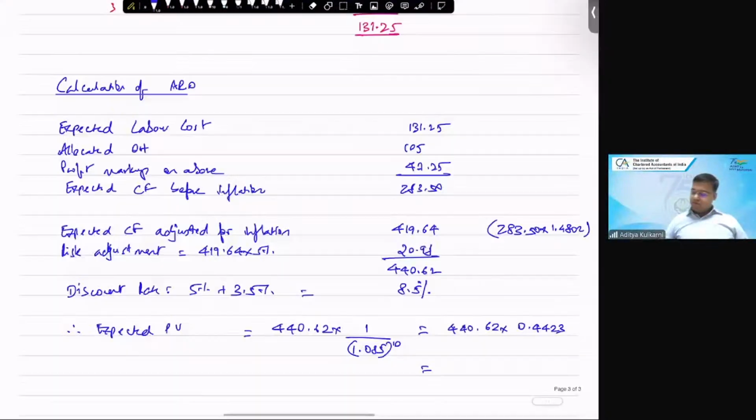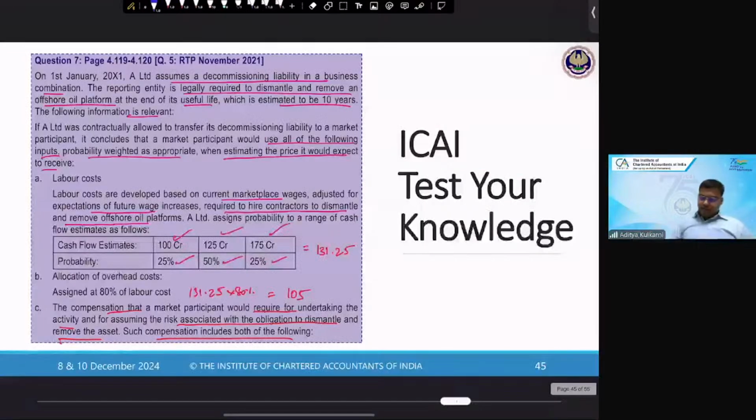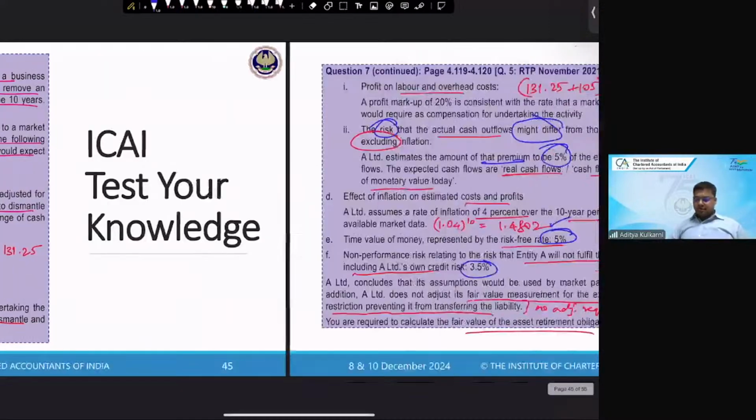This is in crores. So 194.88 crores is expected to be your asset retirement obligation fair value today. Any doubts? Clear, sir. Okay, fine. So that takes care of question 7.